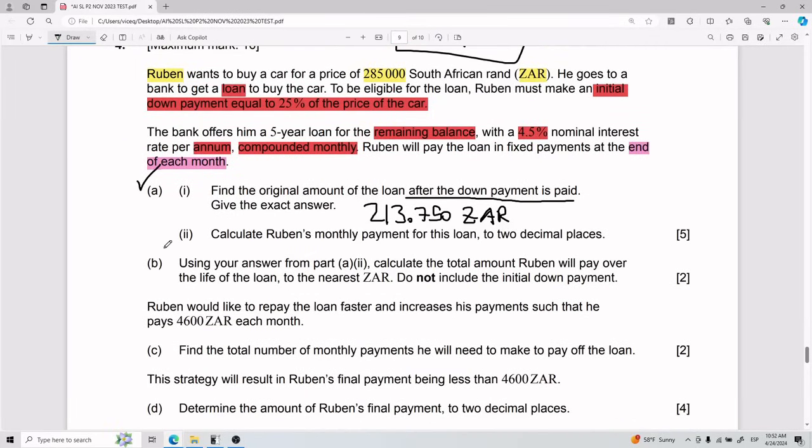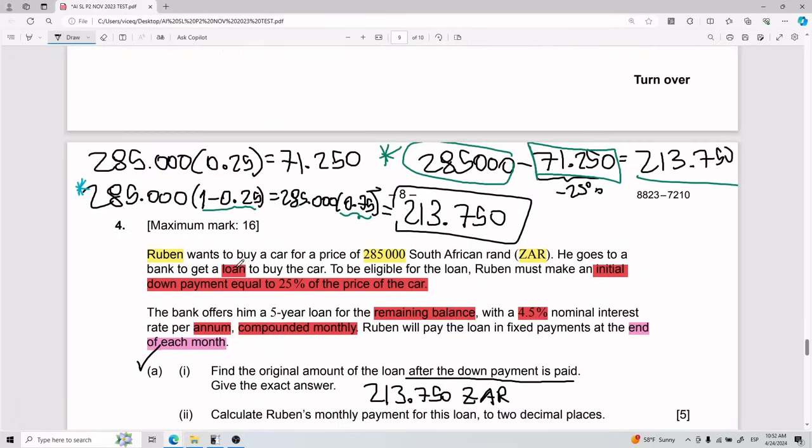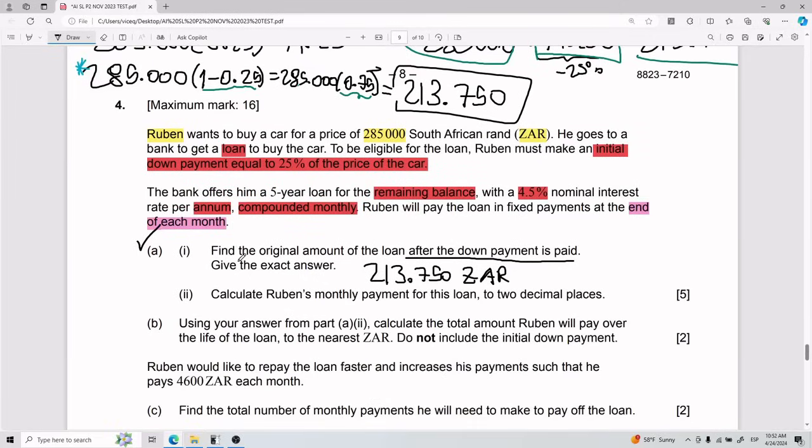Now it gets juicy, and now is probably why you clicked on this video. And so for part A, part double I, we need to calculate Ruben's monthly payment for this loan to 2 decimal places. And so here there's a couple of things we need to give the context for. First things first, you probably already identified, this is a finance problem.